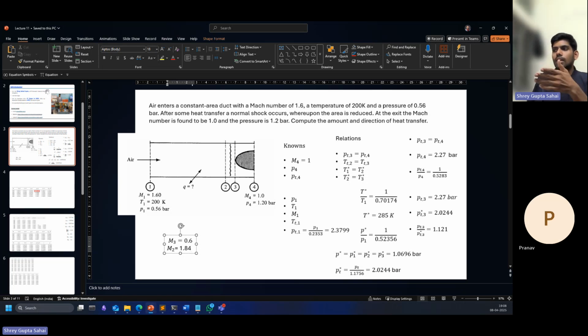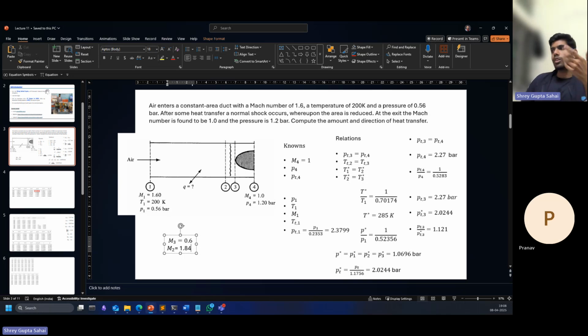So now we know that Mach number is 1.84. So this is acceleration. If it would be heating, the flow would have gotten closer to sonic conditions. But now that we see that the flow has gone away from sonic conditions, we know this is cooling. So we know the direction of heat transfer. How do we calculate the amount of heat transfer?